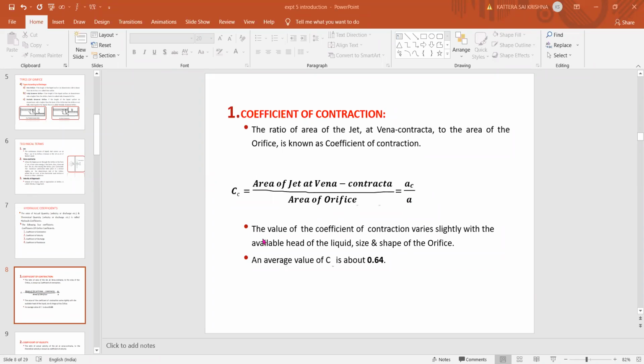The value of the coefficient of contraction varies slightly with the available head, size and shape. On average, CC is about 0.64.